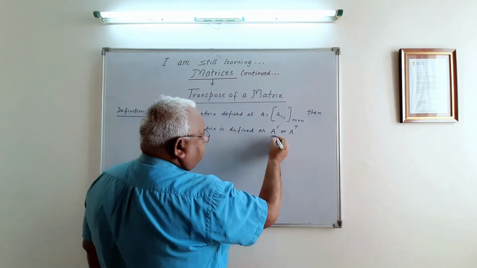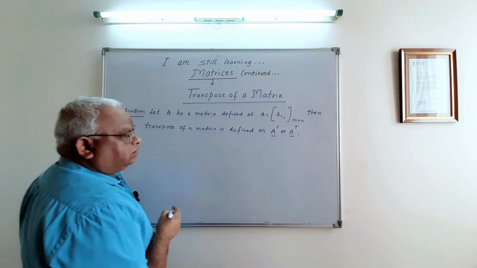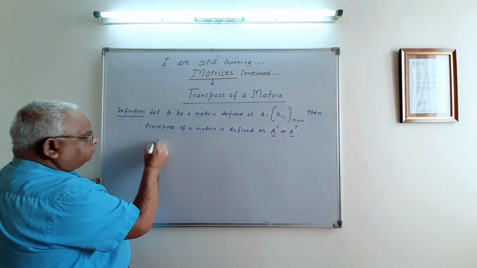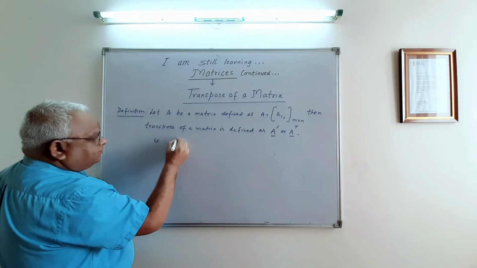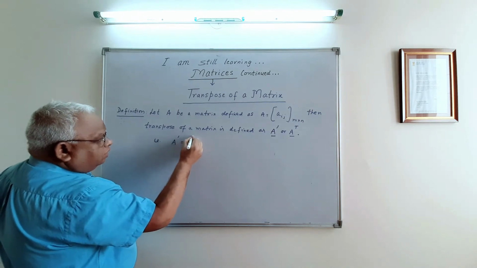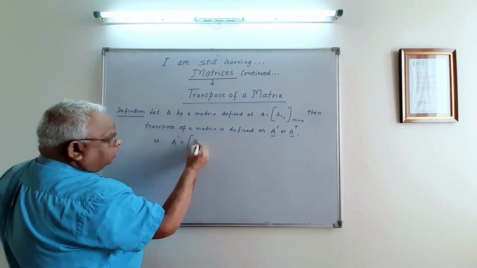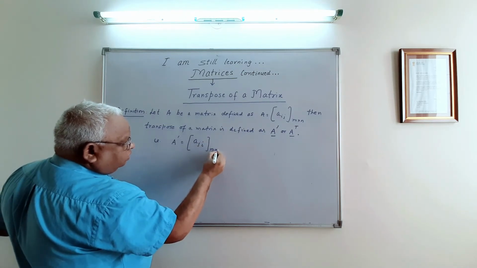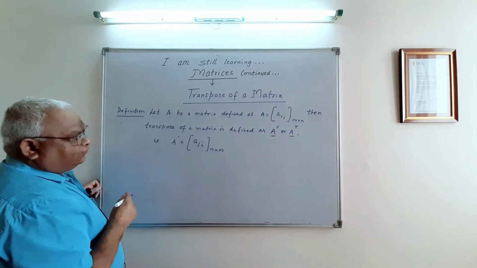These are the two symbols for defining the transpose of a matrix. That is, A transpose is equal to Aji of order n cross m.